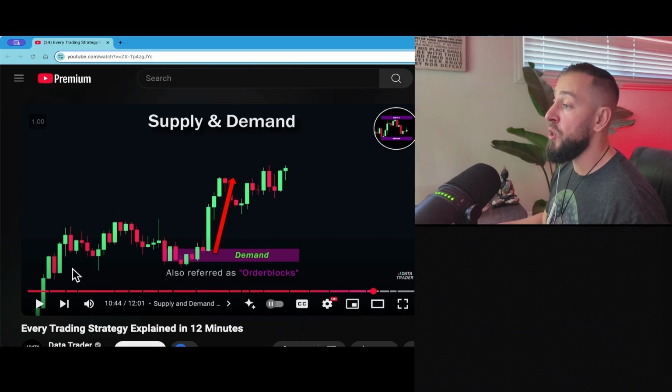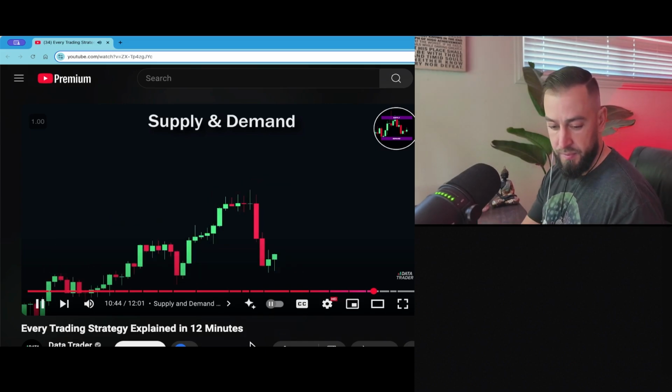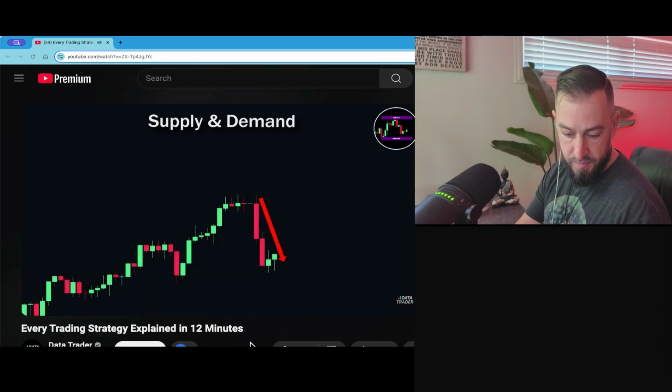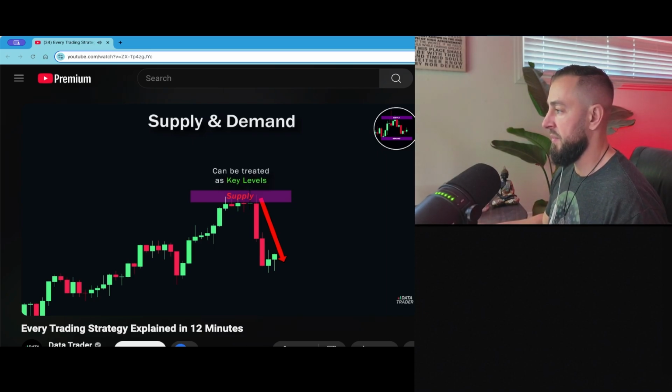So until you understand how to identify a triple bottom, don't even waste your time on something like supply and demand. And if price moves significantly downwards from a level, it is considered a supply zone. Just like support and resistance, these zones can be treated as key levels for potential entry positions.